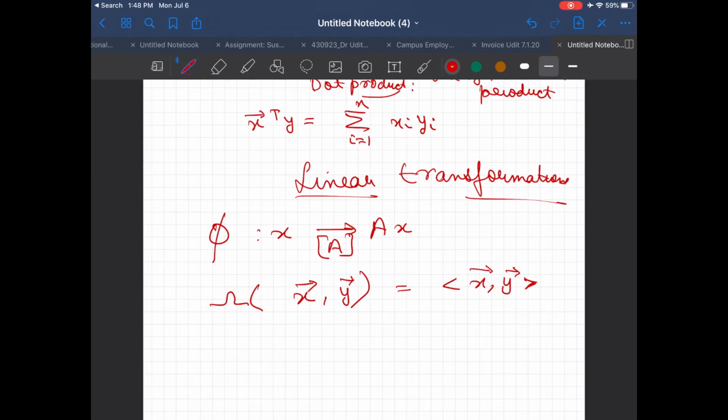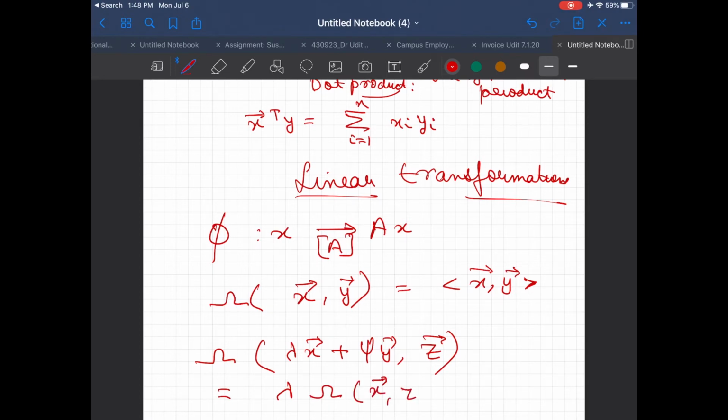Now the good thing about these bilinear transformations is that they will individually follow the properties of linear transformation. For example, our x is coming from lambda x plus psi y, and our y is now replaced by z. Now, if we have to expand this, we can safely write it as we would do in case of simple linear transformations, that lambda can come out and we can define this transformation on x and z separately, plus our psi would come out, and we will again define this transformation on y and z separately.